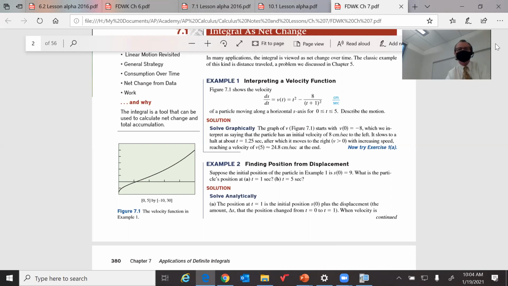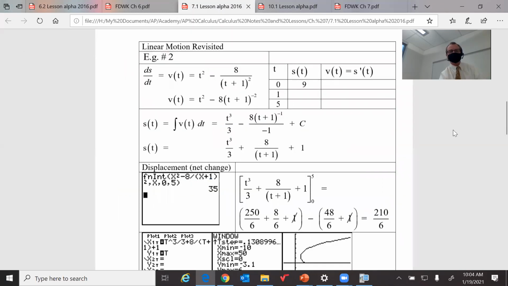So we go over here, and we build the H chart. Here's the velocity curve, and I just rewrote that with a negative exponent. Then in the H chart, I wrote the given information. My velocity is s prime, the derivative of position.